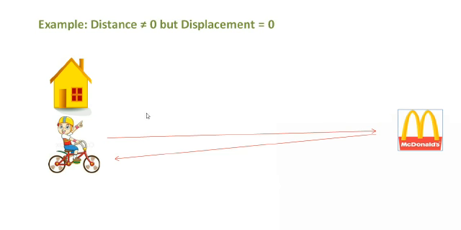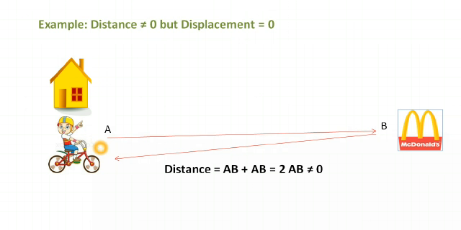First he's at home, at point A. Then he reaches McDonald's, B, and then comes back again home, to A. Now the total distance would be first A to B, then B to A. It means AB plus AB, and that will be 2 times AB because he's covering the same path twice. So this is our distance and it's not equal to 0.